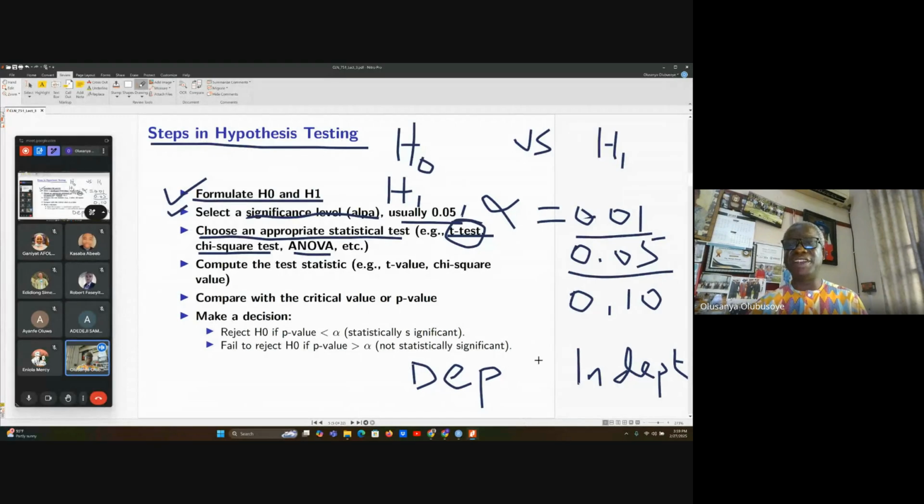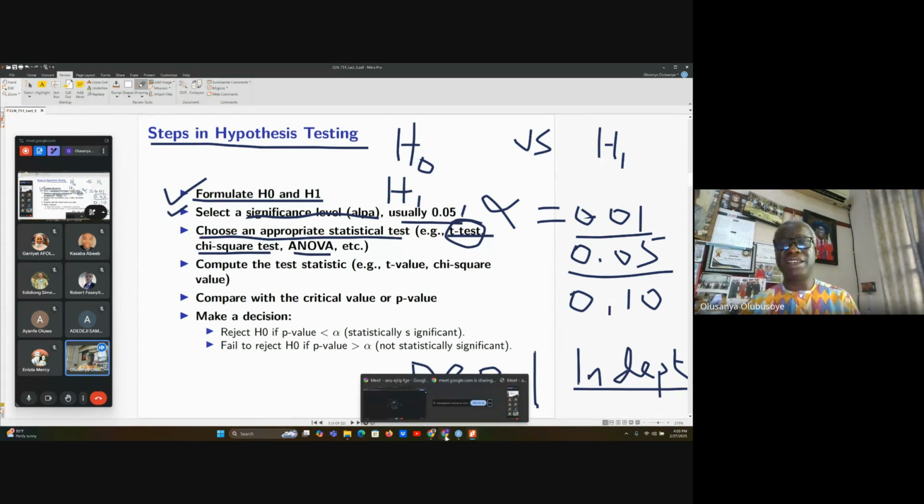The dependent variable is the variable that you are explaining, whose value will change based on the values of the independent variable. So the independent variable is the one that is explaining the dependent variable.